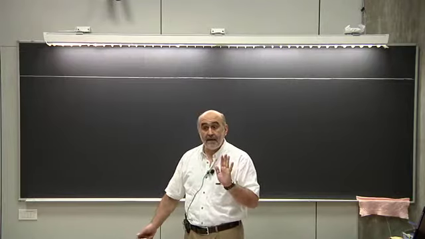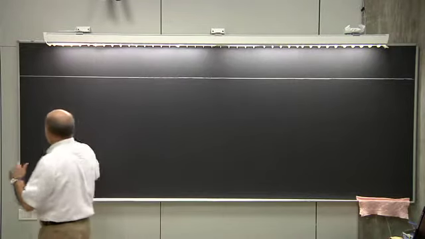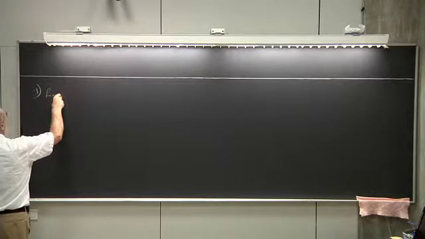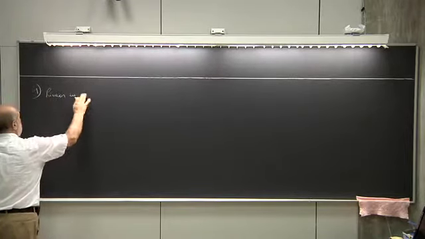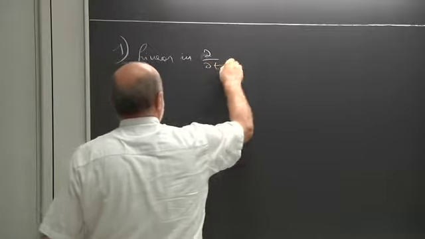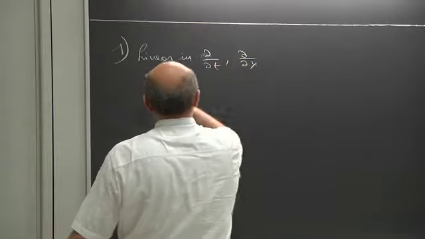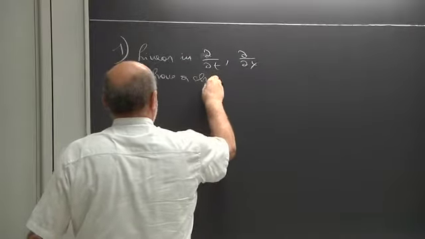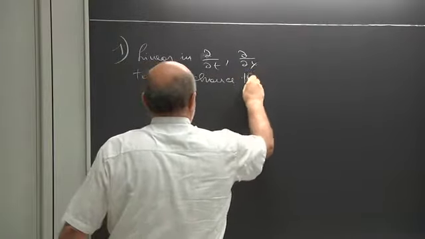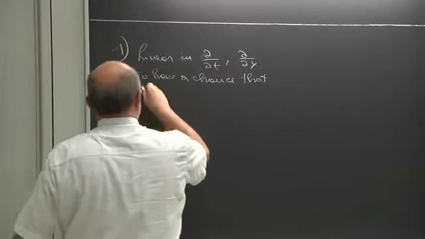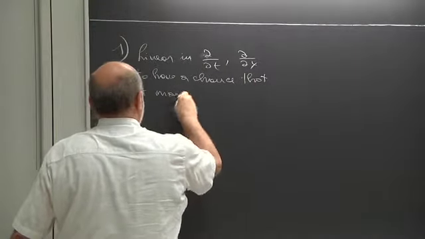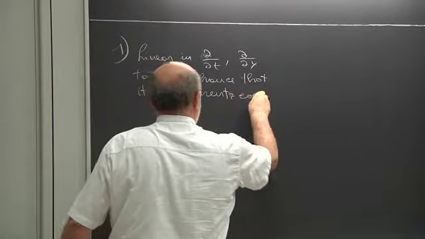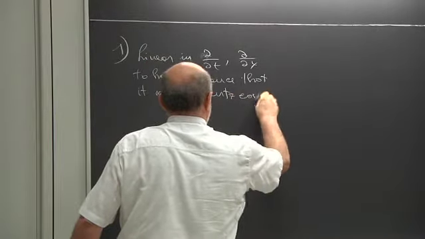We have not derived it yet. We only wanted three features. He wanted linear derivative with respect to t and derivative with respect to x, to have a chance that it might be Lorentz covariant. That was the first condition.